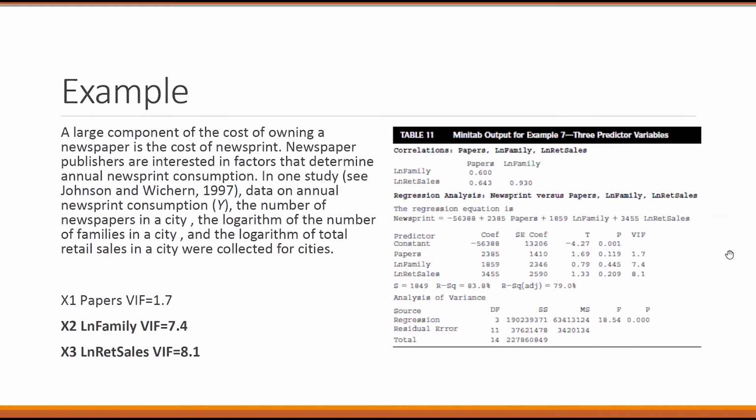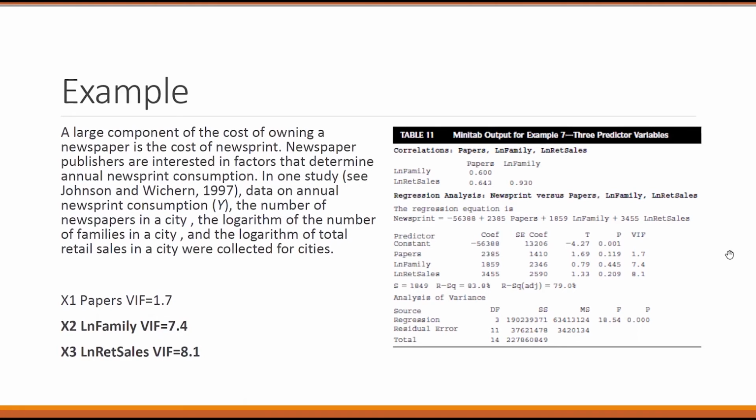So it says here, a large component of the cost of owning a newspaper is the cost of newsprint. Newspaper publishers are interested in factors that determine newsprint consumption. In one study, data on annual newsprint consumption, which is the Y variable, the number of newspapers in a city, the logarithm of the number of families in the city, and the logarithm of total retail sales in the city were collected for cities.